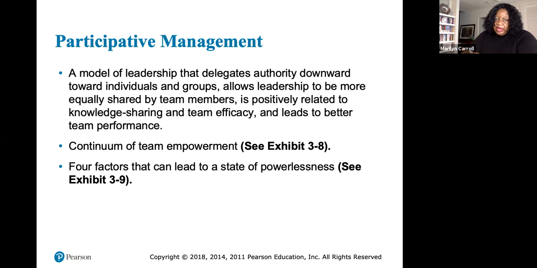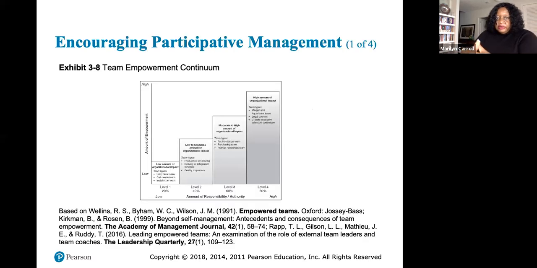Continuing on team empowerment, we can see on the next slide, and the slide after that, the 4 factors that can lead to a state of powerlessness. So for team empowerment, we have level 1, low organizational impact: entry level sales, call center team.